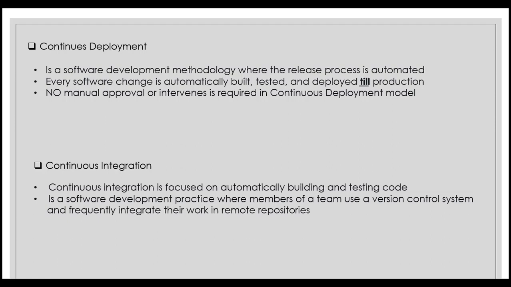In a deployment model, no manual approval or intervention is required. It will be deployed to production. The only things that can stop it are a test failure or a build failure. If everything is smooth, things will get deployed in production, and the feedback will be given.